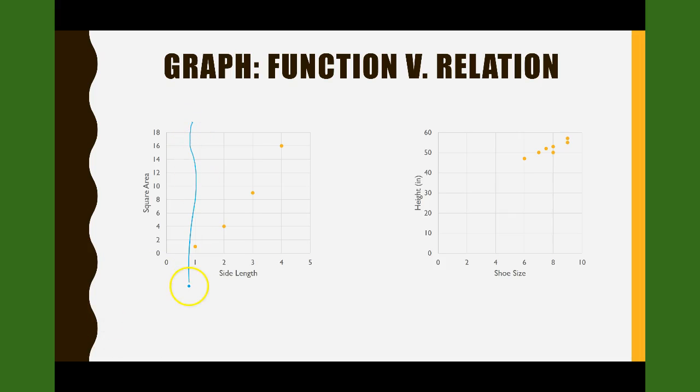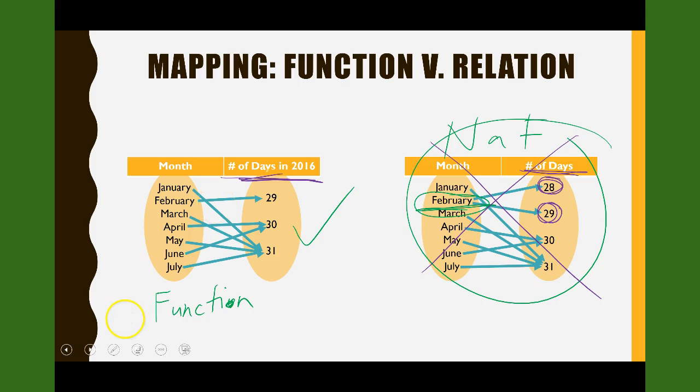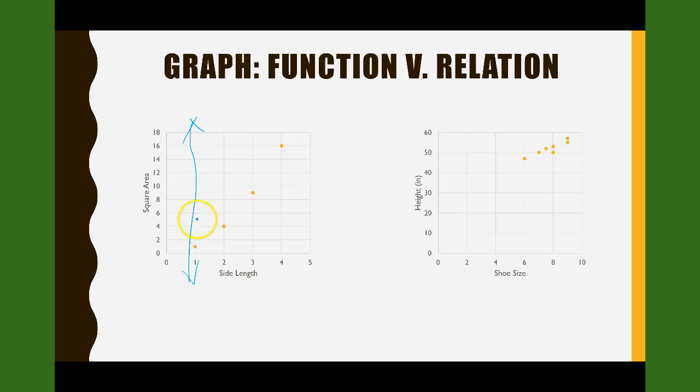The idea is that, say this is a vertical line, an ugly vertical line, and I draw vertical lines through it. Notice that wherever I draw a vertical line, I will only get to touch one point at a time. So this is a function.